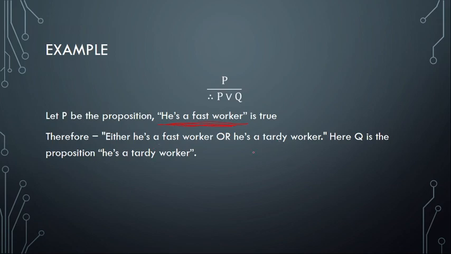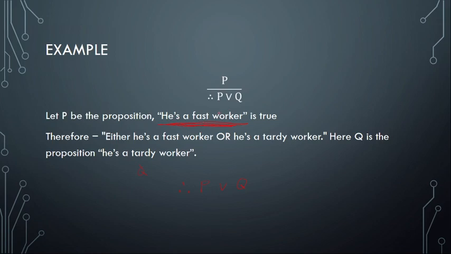Then Q is also a proposition, which is, he's a tardy worker. So we write P or Q. We can also change it: let S be a proposition, for example, he's a good swimmer.